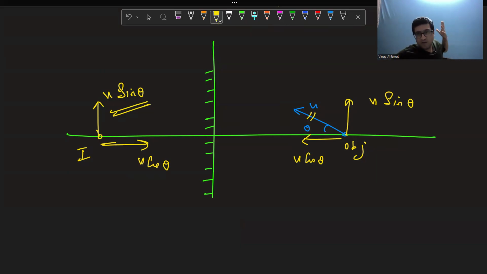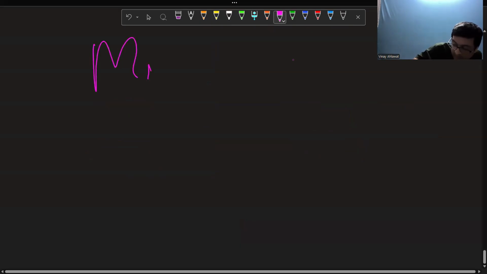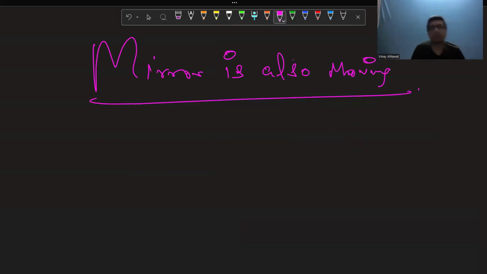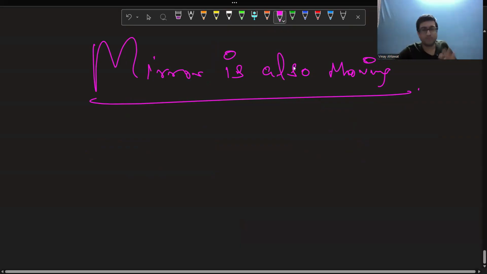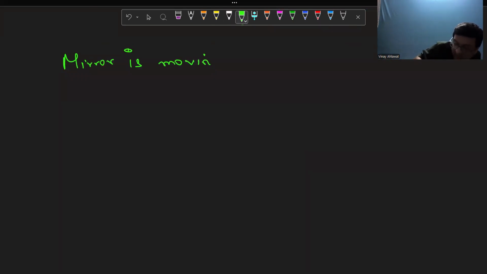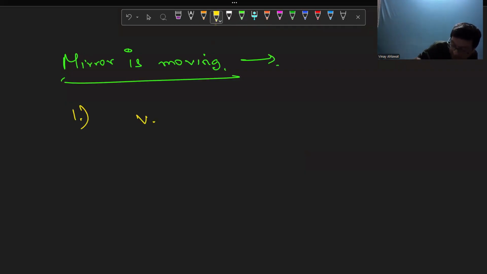Now a new variety of questions, where the mirror is also moving. Simple idea: whatever we did is under an assumption that the mirror is at rest. So the first step would be to find the velocity of object with respect to mirror.